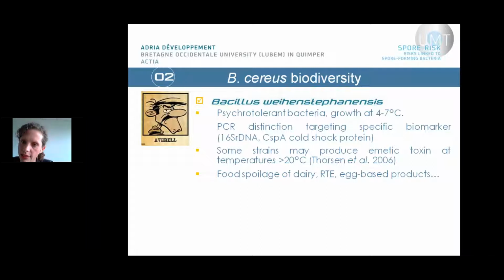You have the ability to distinguish Bacillus weihenstephanensis from the other members of the Bacillus cereus group using PCR and a targeted biomarker. Some strains may produce emetic toxin at temperature higher than 20 degrees. And Bacillus weihenstephanensis can be involved in food spoilage of dairy, ready-to-eat or egg-based products.